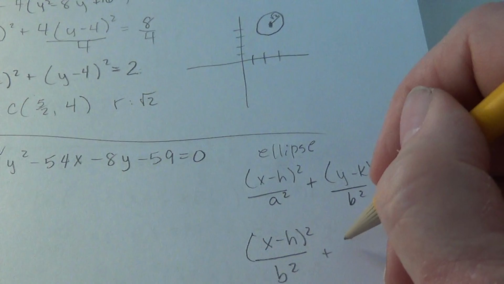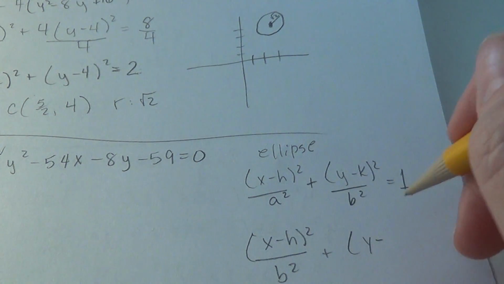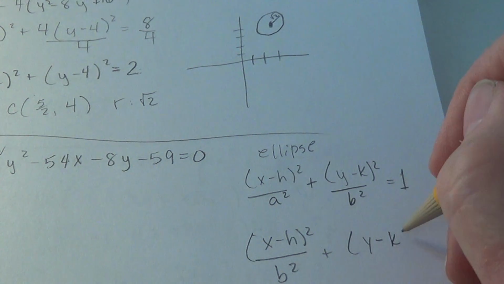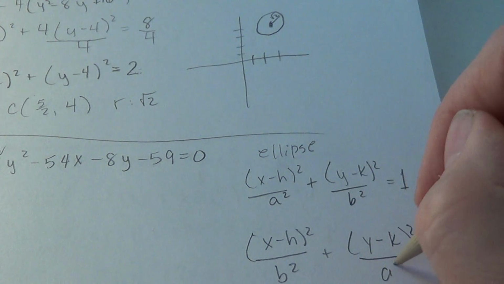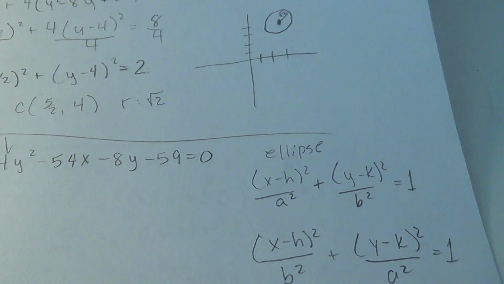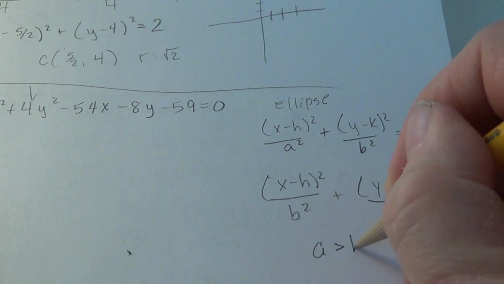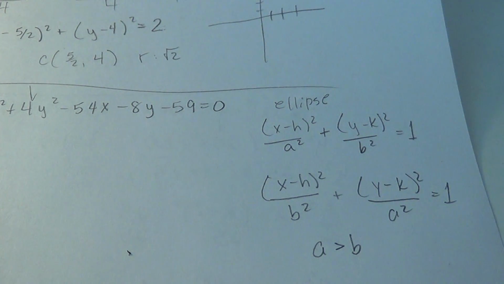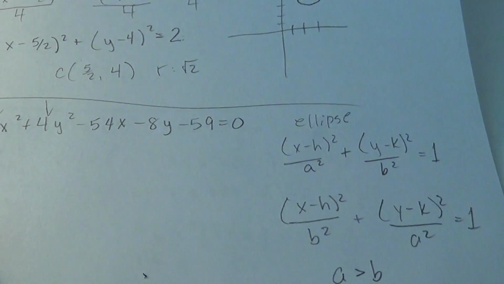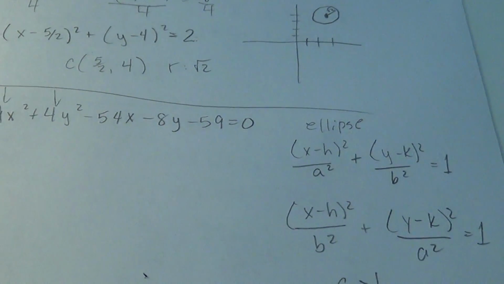The b is under the x squared term, and the a is under the y squared term. With an ellipse, the a is considered to be the larger one. A is greater than b. All right. So on this one, we'll know what we have in a minute.